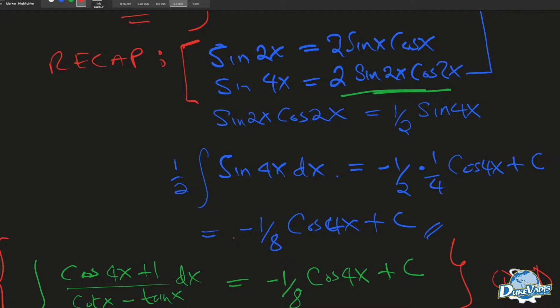And upon integration, this is what we had. You can also use substitution to test the integral. If you integrate sine 4x, it will give us minus 1 over 4 cos 4x. So the minus 1 over 4 multiplied by the half gives us 1 over 8, and hence that is what we are able to come out with.